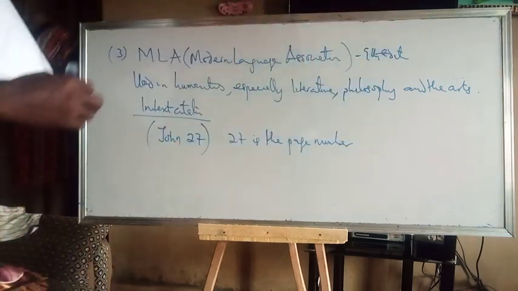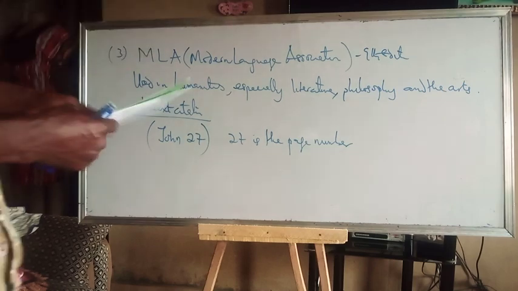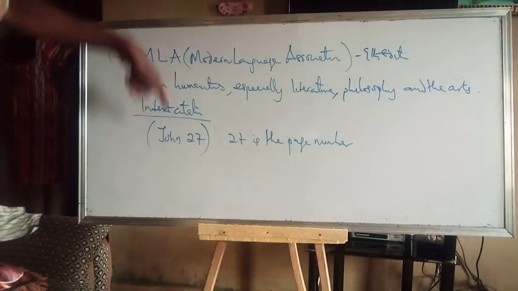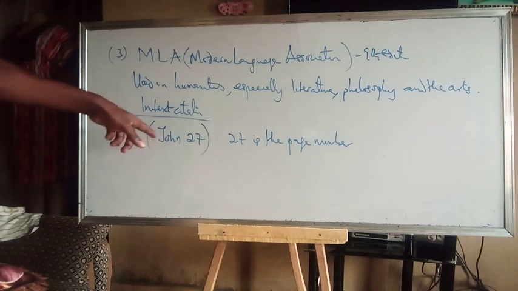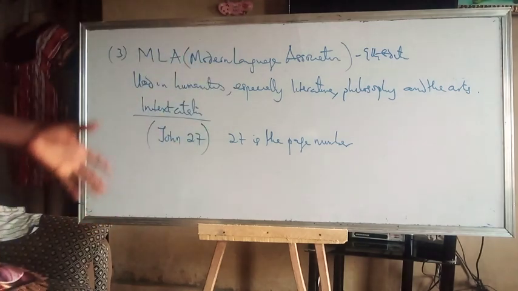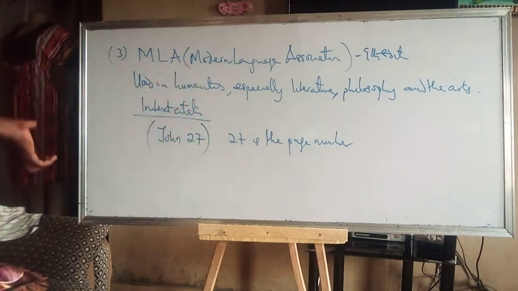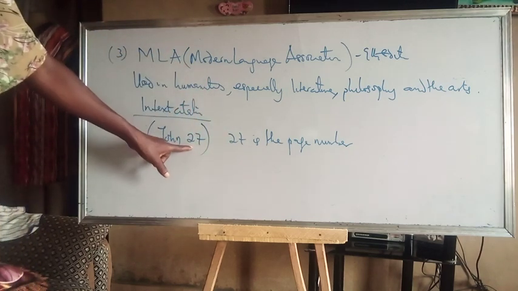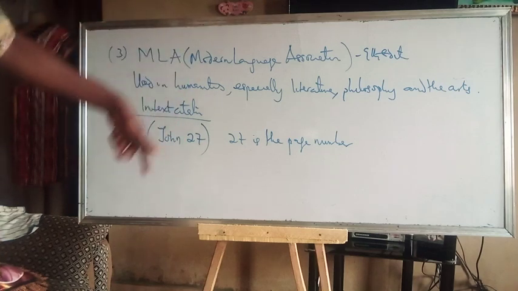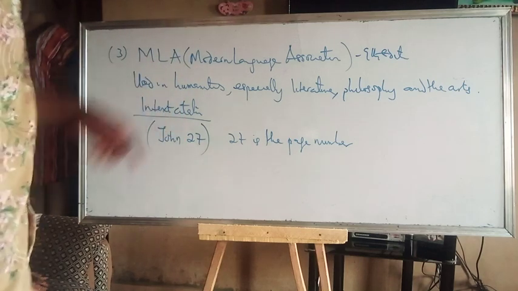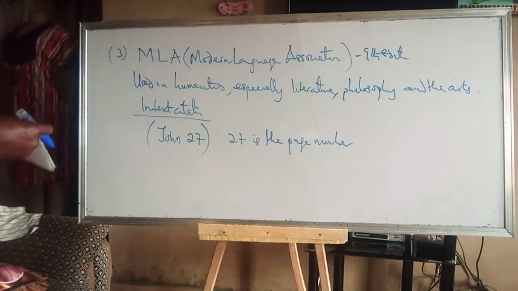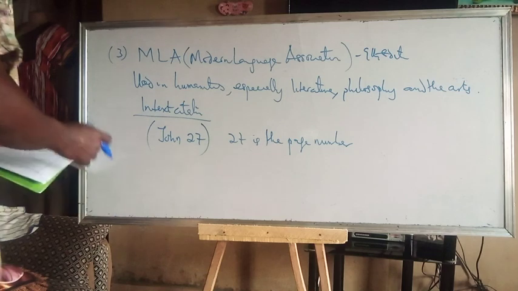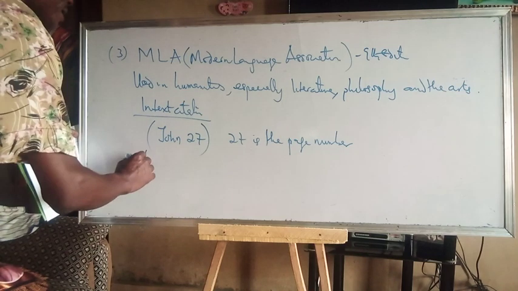It means that when you open the literature by John, you go to page 27 of it. It is on that page 27 that you will see the word that was cited.